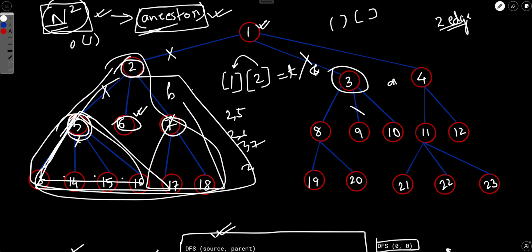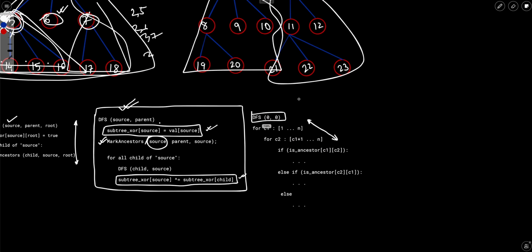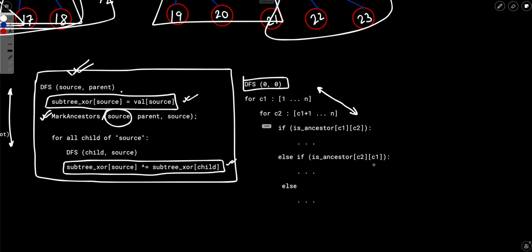Similarly, if you pick, let's say, 3 and 4, you cross these two edges, and hence the first component is this and the second component is this. So it's similar whether you iterate over the edges or over the nodes.